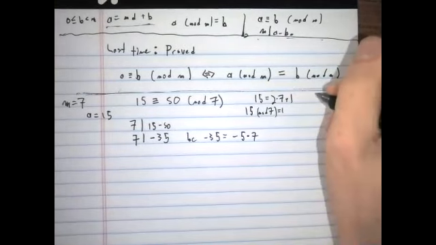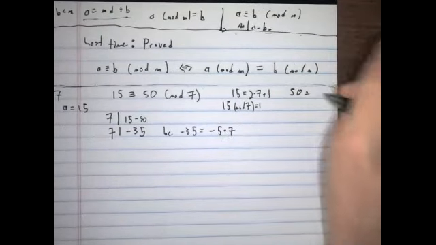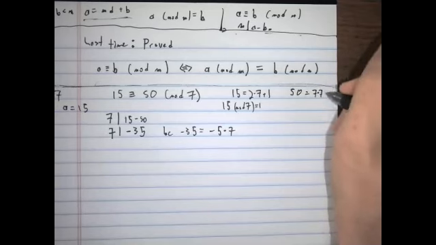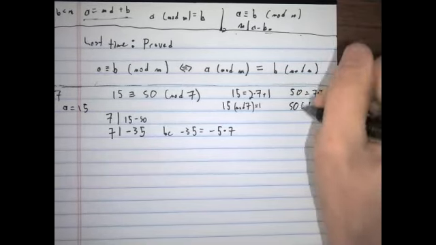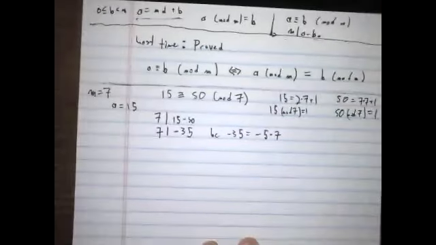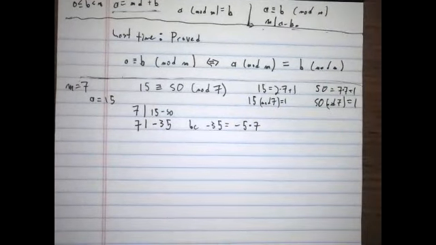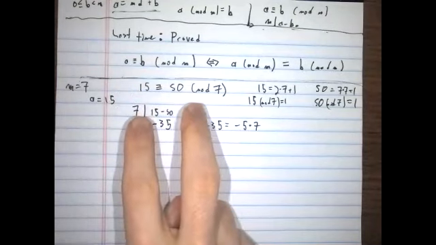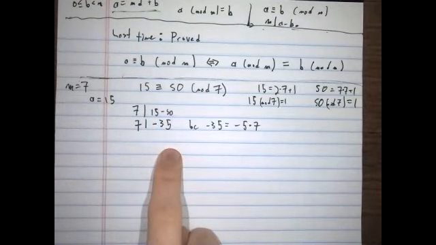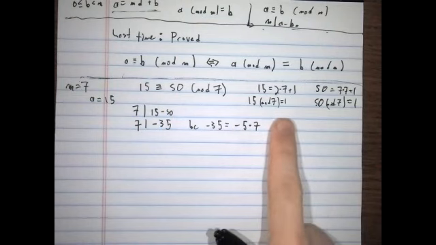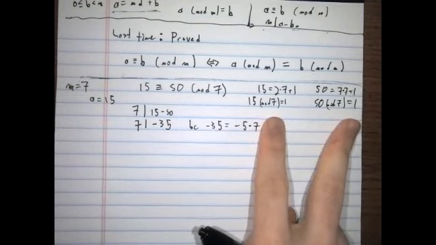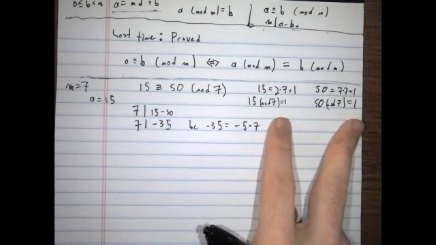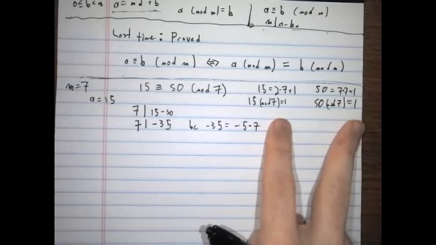And similarly, 50 is equal to 7 times 7 plus 1. So 50 mod 7 is equal to 1. So what I can verify here is that I picked two numbers that were congruent mod 7, and I observe that their remainders are the same, or their moduli are the same. That's probably not the word I should use, even though that is the traditional archaic way of saying it.